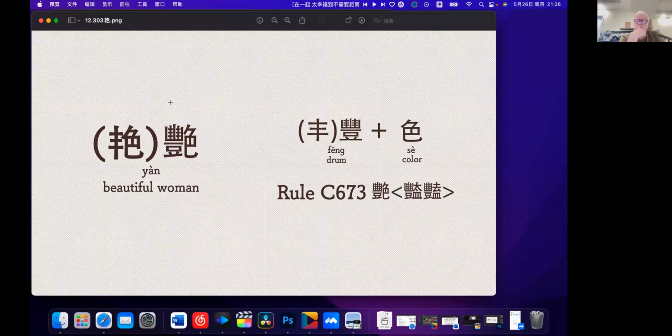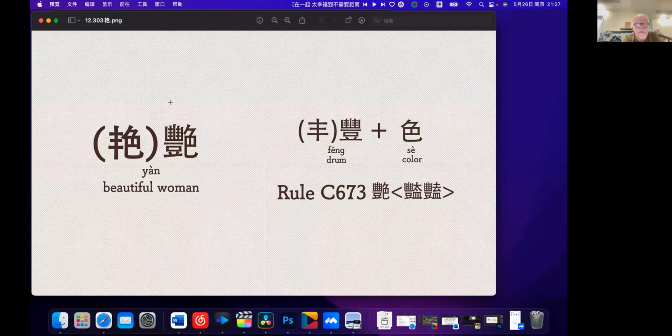So this character means a beautiful woman. On the left-hand side, we have a feng, which means abundant.